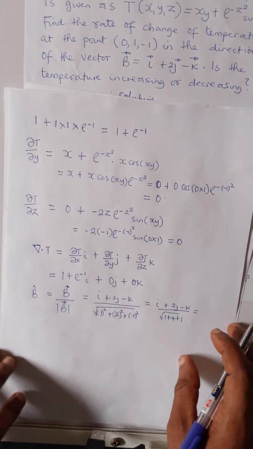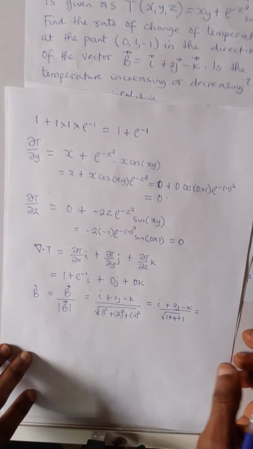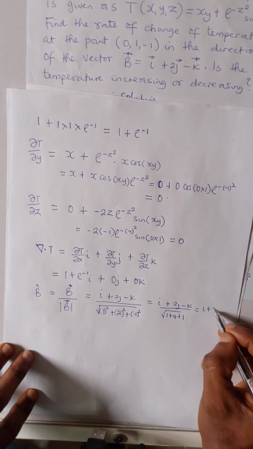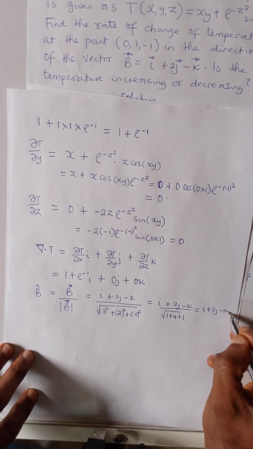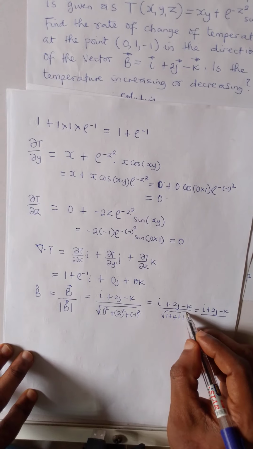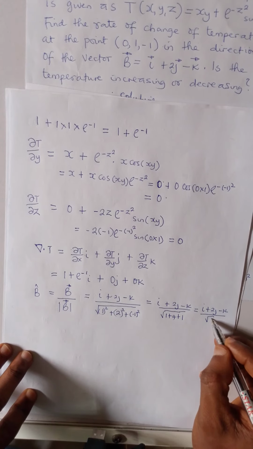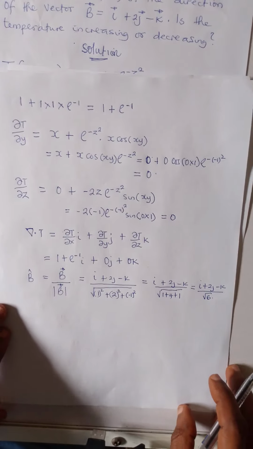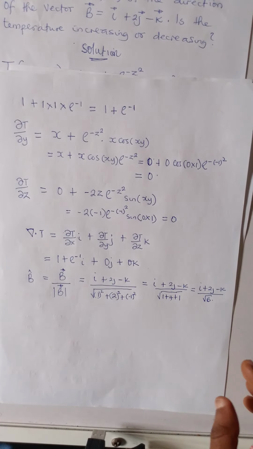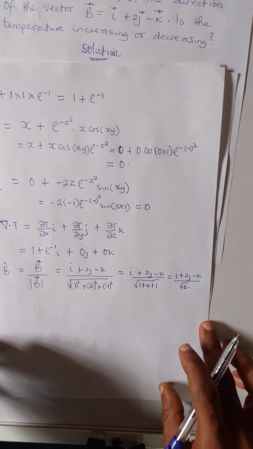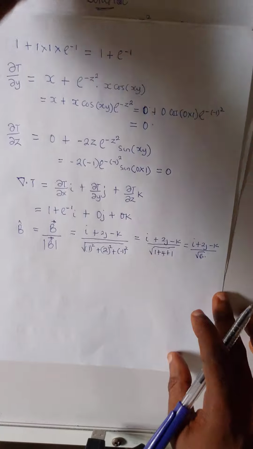So this, of course, will give us i plus 2j minus k divided by root of 1 plus 4 is 5, plus 1, root 6. So we have that the unit vector of B is i plus 2j minus k all over root 6. So that's what we have there.